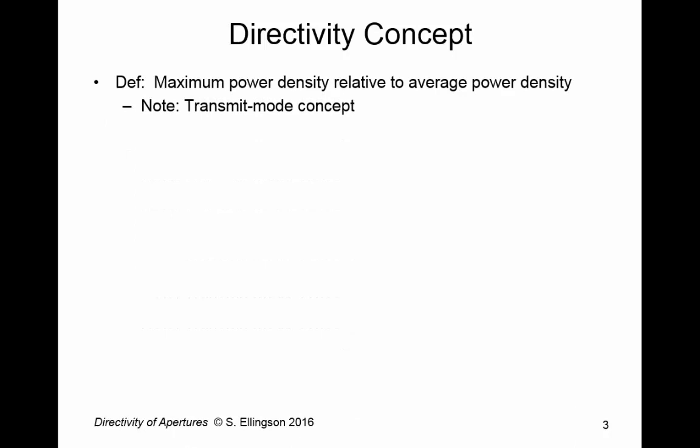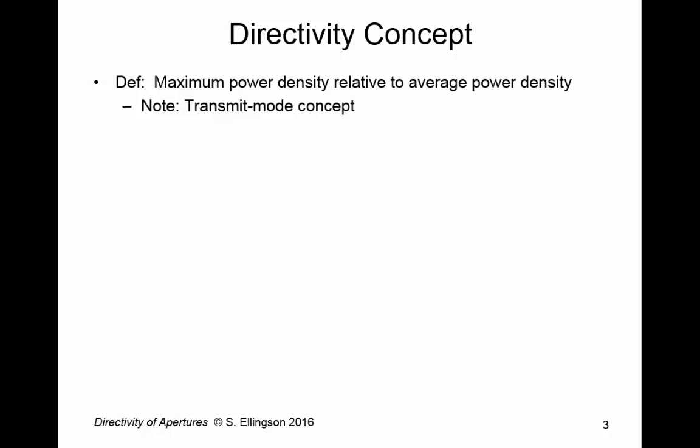Okay, the directivity concept. The definition of directivity is maximum power density relative to average power density. Now, this is a transmit mode concept. This is the context in which we introduced it, and it is really the most fundamental definition of directivity.